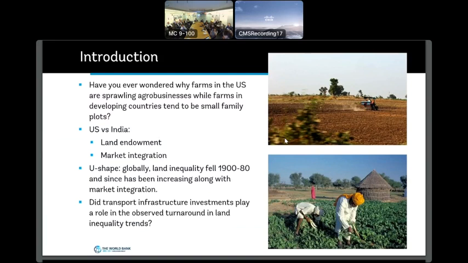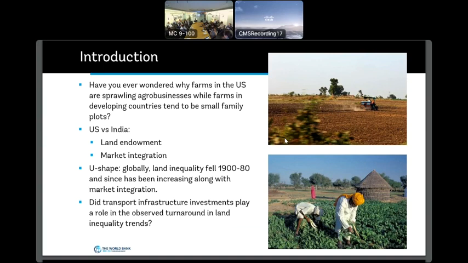Comparing the US and India, the US has very high market integration, lots of highways and transport infrastructure, and India has been a leader in transport investment as well. So the question was, did these falling transport costs relate to land inequality?